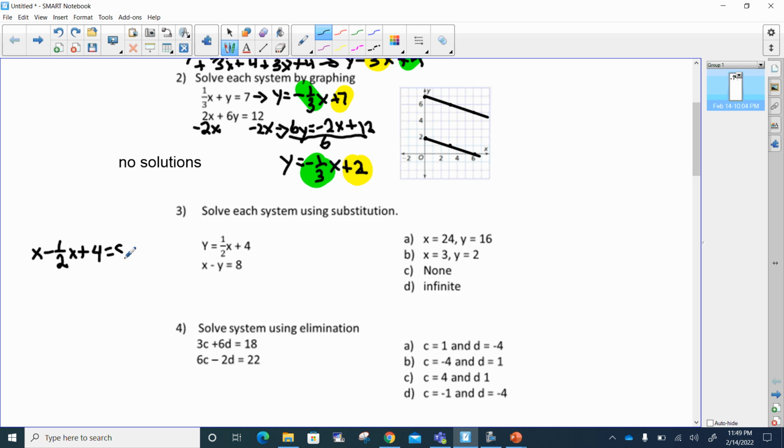Now I simply solve for x. Well, I know x minus 1/2 x will give me 1/2 x. That's combining like terms. So now I have 1/2 x plus 4 is equal to 8.